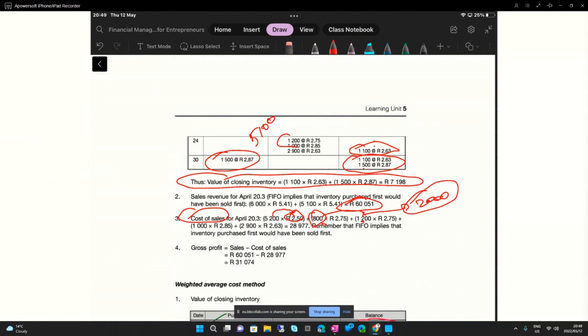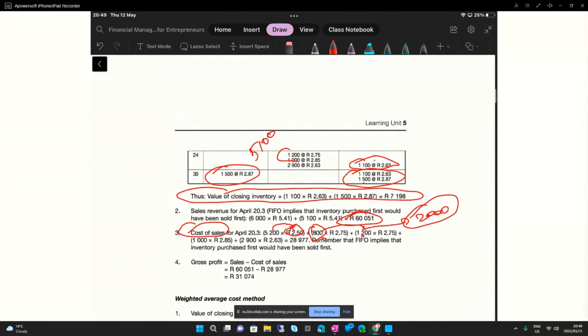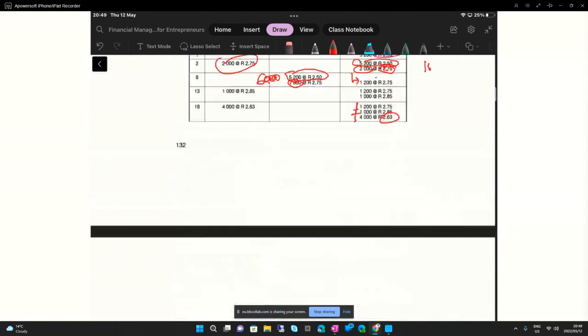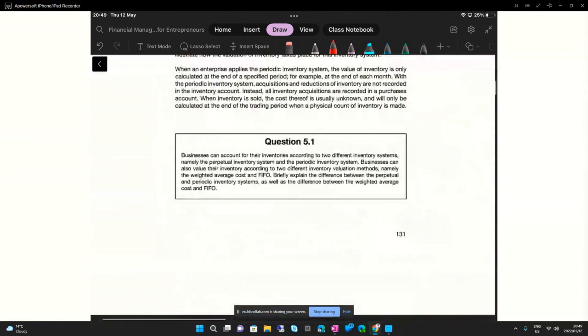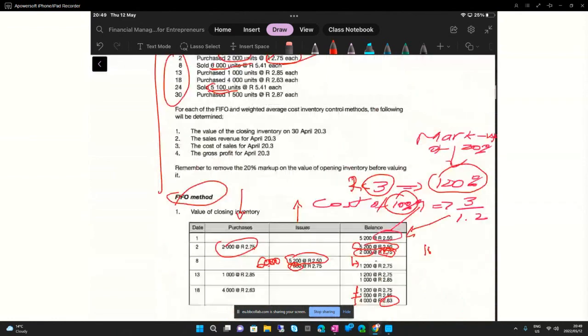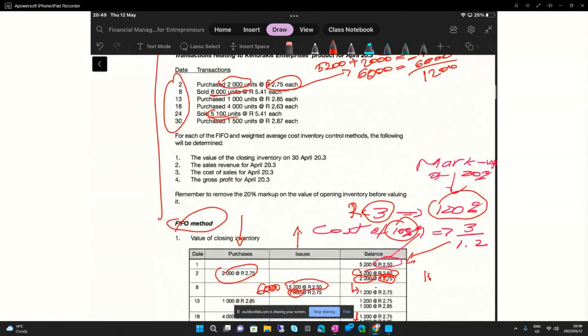I do not see an inventory split. Let me just keep track of this, the inventory split.